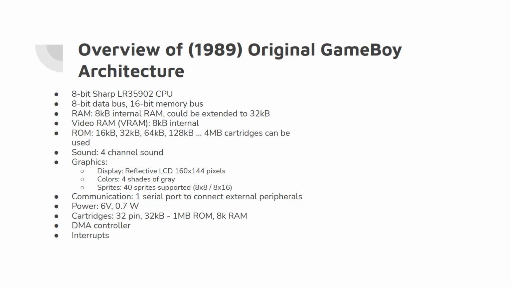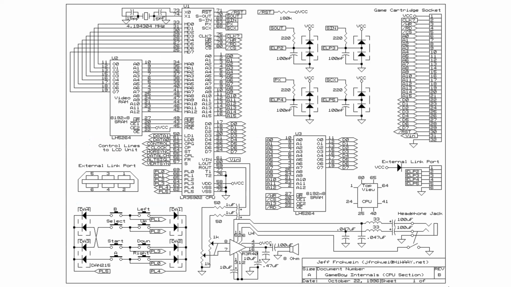So if you need to expand the memory that's available to you, you can use a DMA controller. Then there's also support for interrupts, and interrupts are pretty essential to the functioning of the Game Boy and the ability to play games.